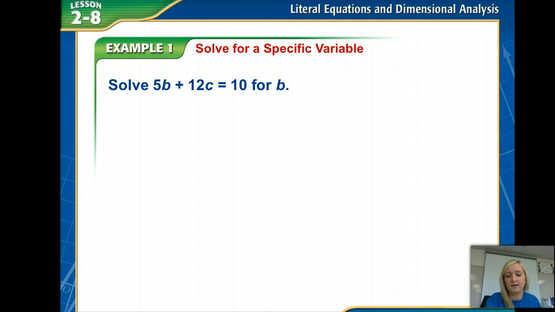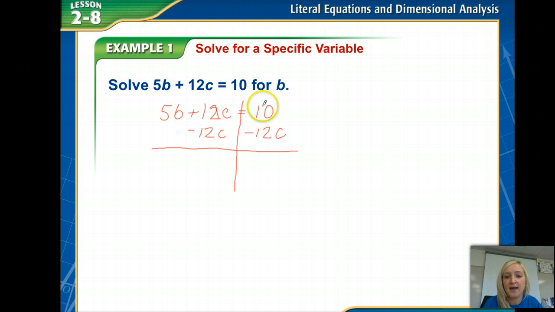Let's get started. First example is 5b plus 12c equals 10, and we're solving for b. I'm going to draw my line down the equal sign. If I need to isolate b, the first thing I'm going to do is subtract 12c from both sides.